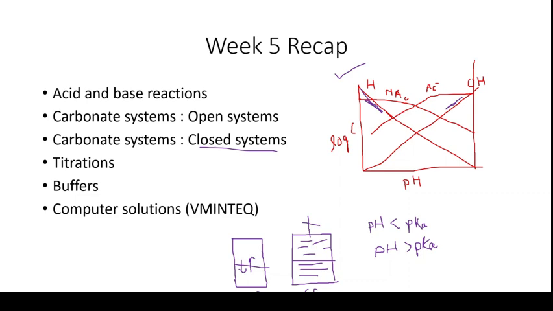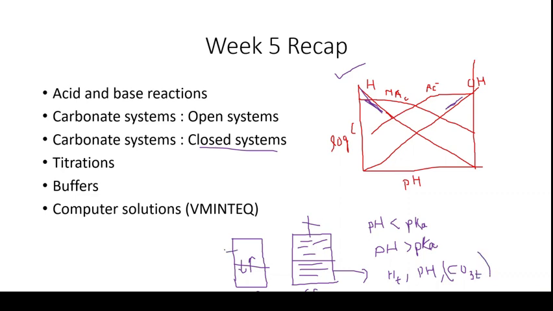Here in the closed system there were a few equations which were used, and we came to know that for the closed system the important parameters are H total, then pH. These two parameters are common for both systems. But here another parameter was CO3 total.